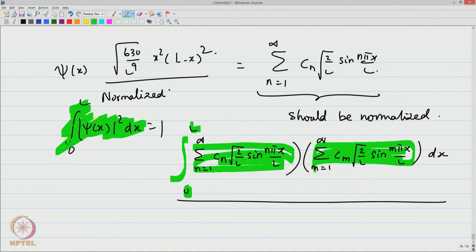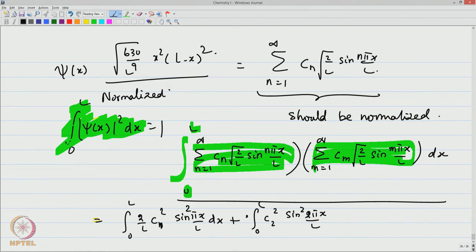If you take the one function sin pi x by L, the only one that will survive this integral here is the other function, namely sin pi x by L. Therefore, this term will turn out to be this, the sum will be the integral from 0 to L of 2 by L C1 square sin pi x by L square dx plus the integral from 0 to L of C2 square sin squared 2 pi x by L, 2 by L dx plus etc.